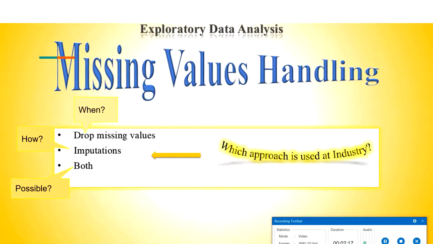Just as in our early school days we could not fill the blanks with anything but something in the context, similarly when it comes to filling the missing values, we cannot fill them with anything. It has to be filled with something that makes sense to the data, to the overall pattern, and that ensures that the inherent pattern or inherent information in your data does not get lost. So we have to decide accordingly.